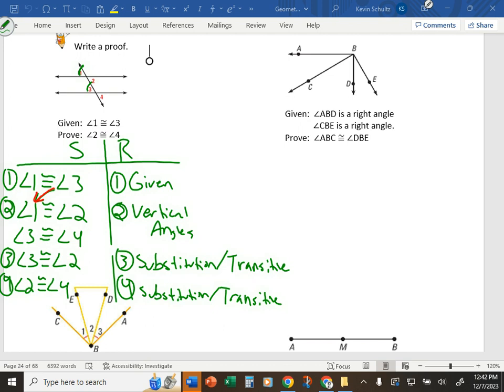Okay? Listen, it doesn't make any sense if you're not paying attention, if you have not taken the time to study these terms and these vocab words. That is the key. You are going to be in a lot of trouble if you can't come up with these theorems, these postulates, these rules here.